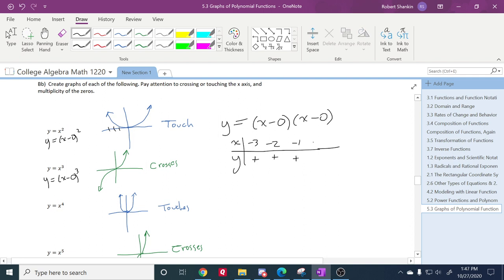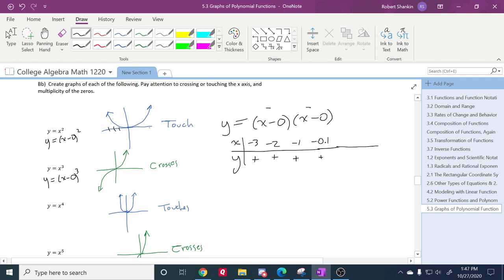Okay, now if I plug in -0.1, when I take -0.1 times -0.1, it causes this to be negative and this to be negative. Two negatives multiply to be a positive. Now, when I jump over the x-intercept, some of these signs will change.